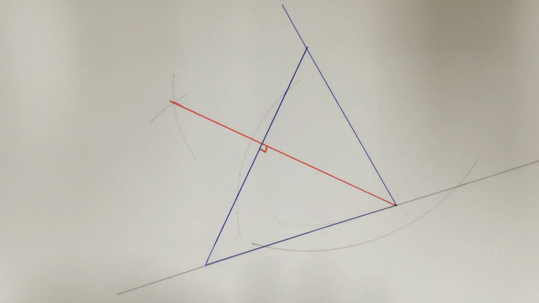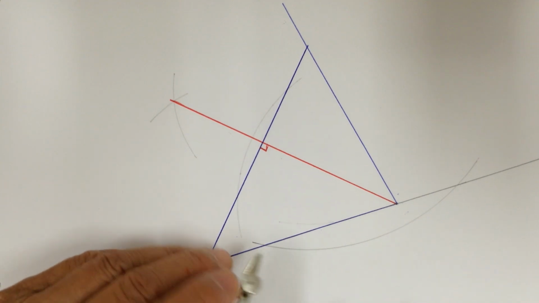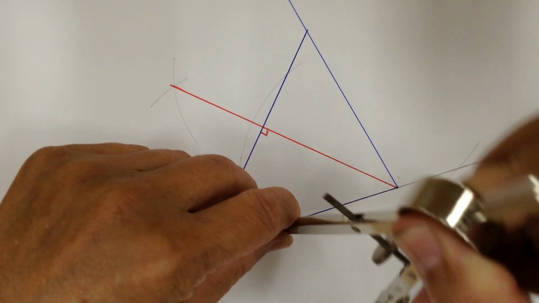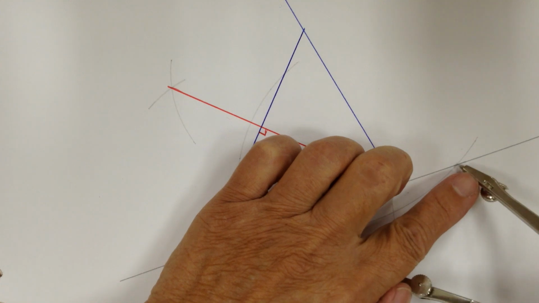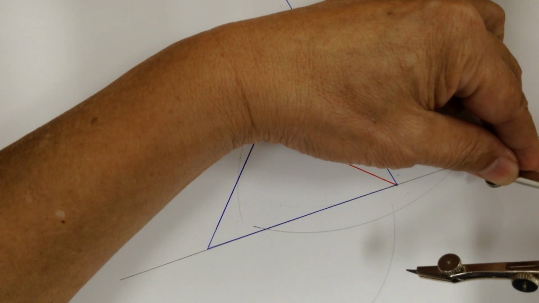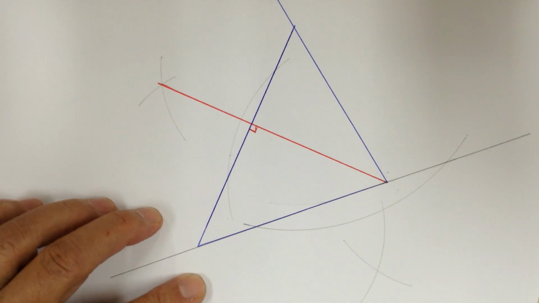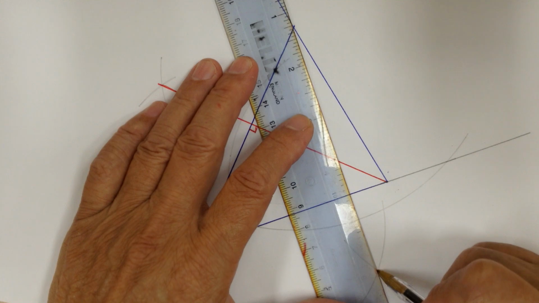Then from here you get these two points and use those as your reference points. Okay, and then from here you go and place it right over here. Again, you try to be as exact as possible. Okay, so once you get this point of intersection, then that's your altitude.